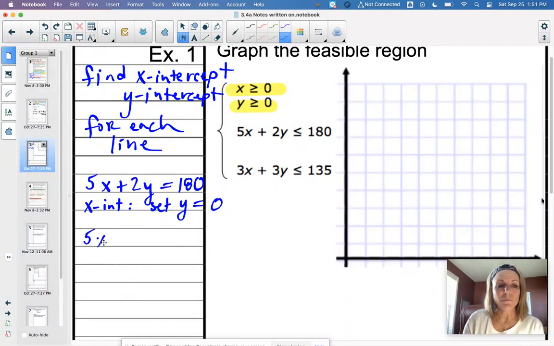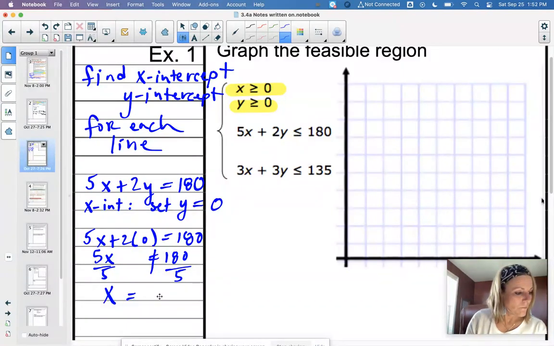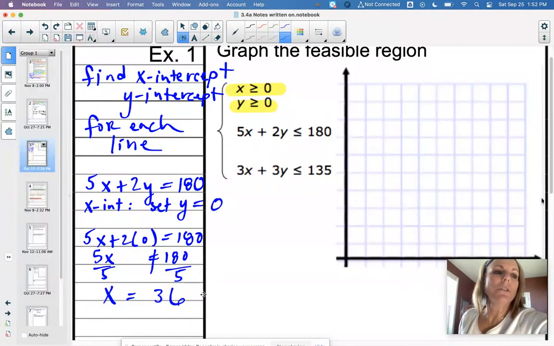So that's what I'm going to do. That should be 36. I'm going to grab my calculator just to make sure that I'm not making any mistakes here. Yep. Okay.